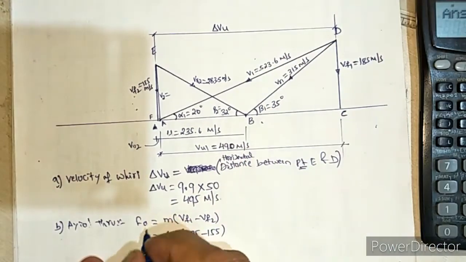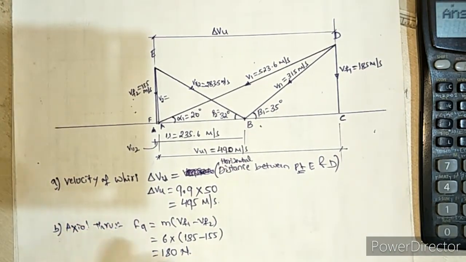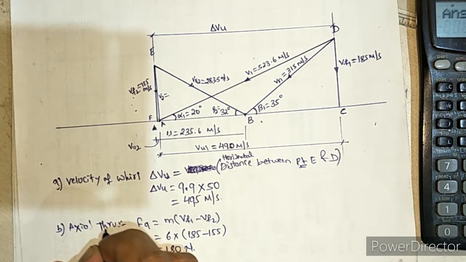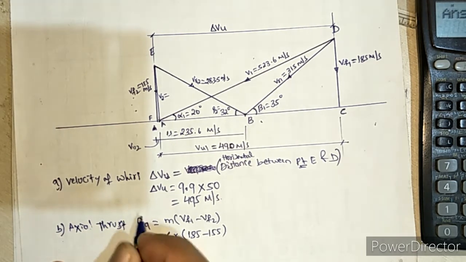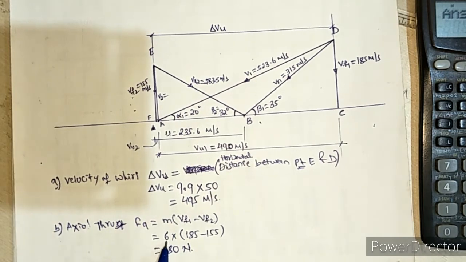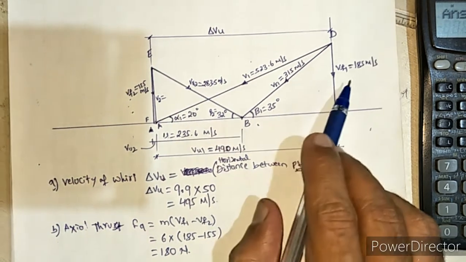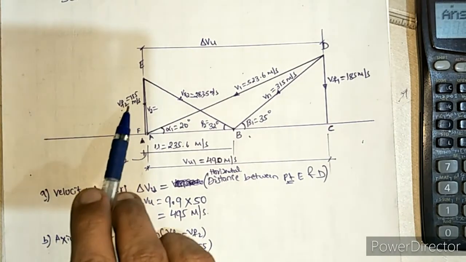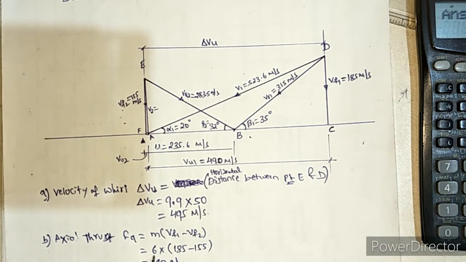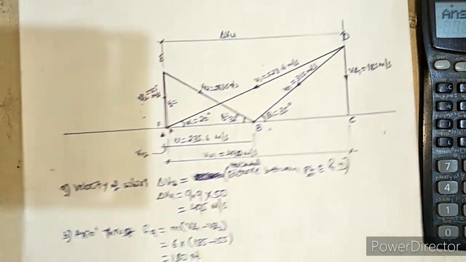So this axial thrust is given by FA is equal to m into Vf1 minus Vf2. Mass flow rate is 6, Vf1 is 185 as you can see here, and Vf2 is 155. So take the difference of these two and multiply with 6, that is the mass flow rate. So you will get axial thrust as 180 newtons, right?